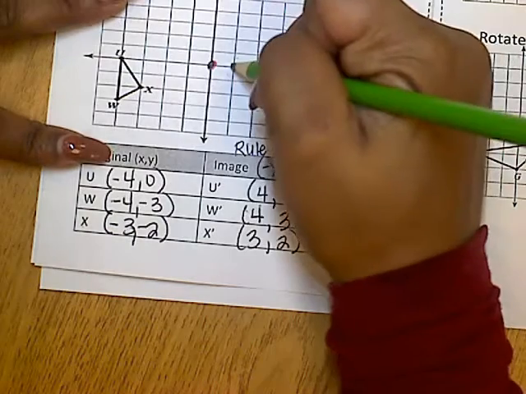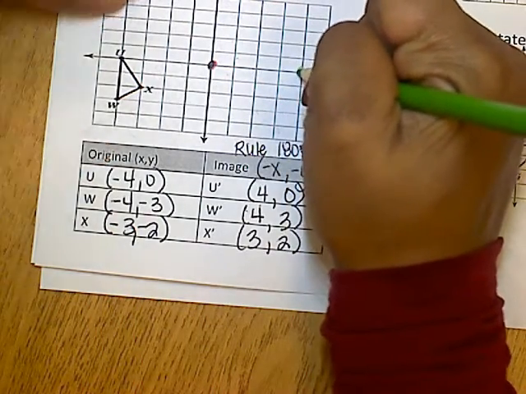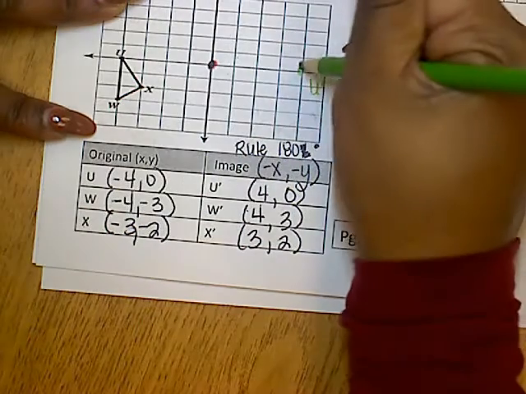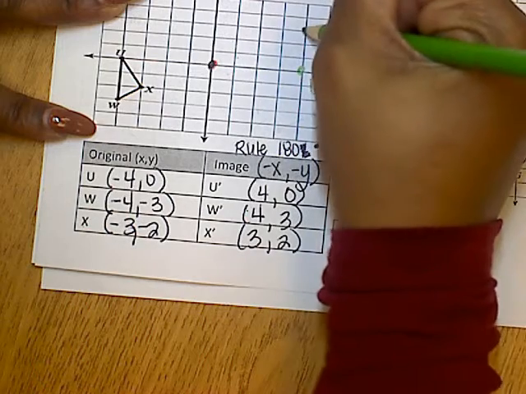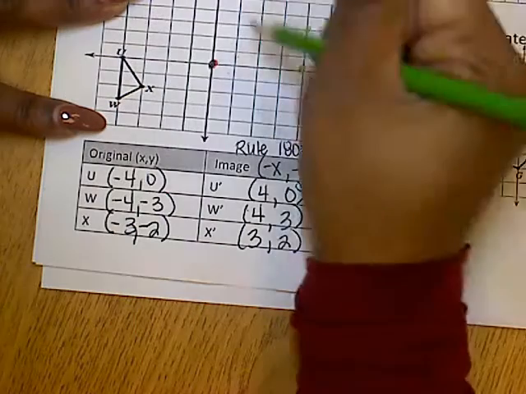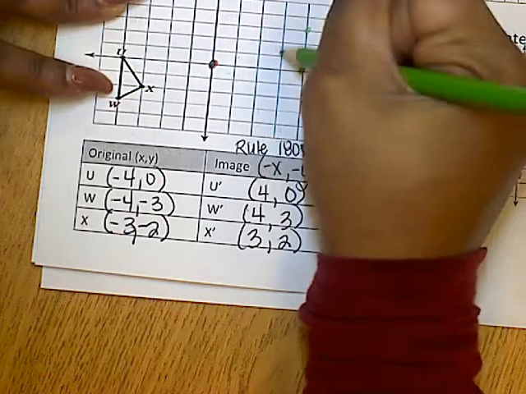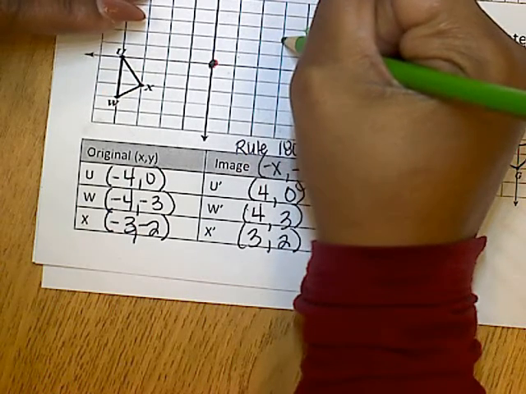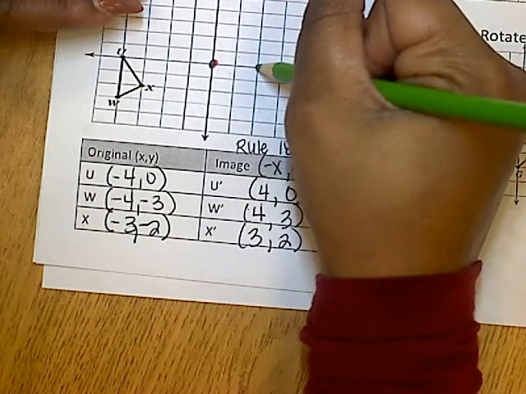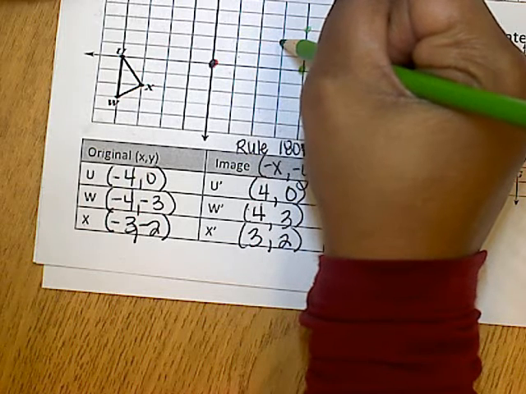So we have over 4 of 0, so this is going to actually be u prime. Then we have over 4 of 3, and that's going to be w prime. And then we have over 3, up 2, okay.